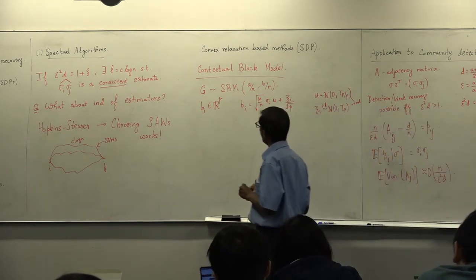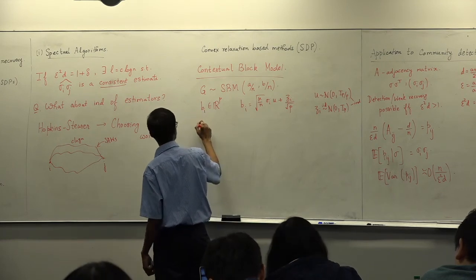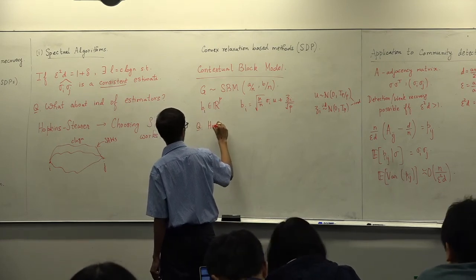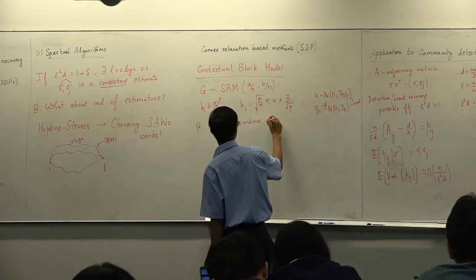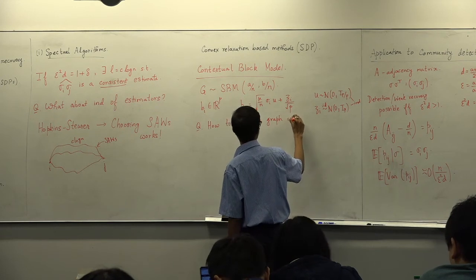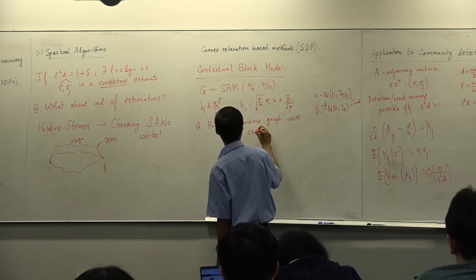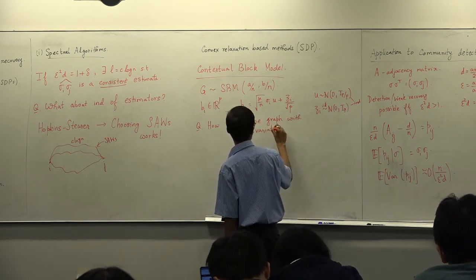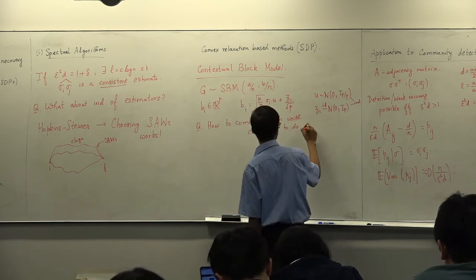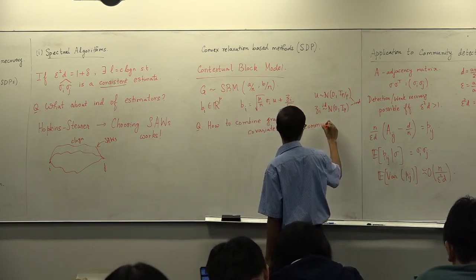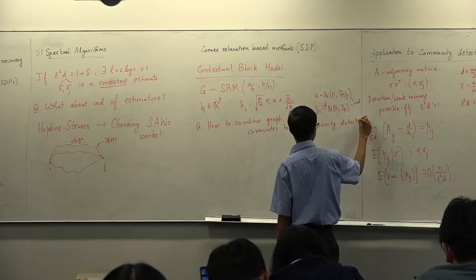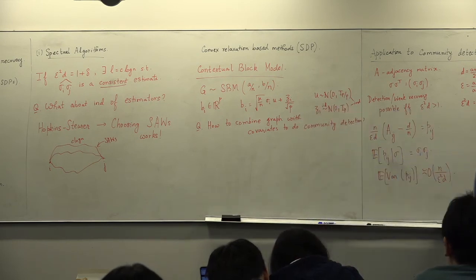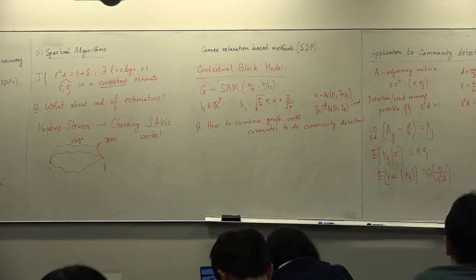And the question essentially was how to combine graph with covariates to do community detection. Our result essentially was, let me just look at my scaling.